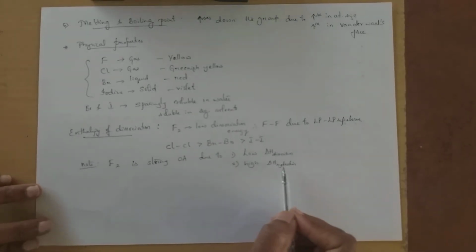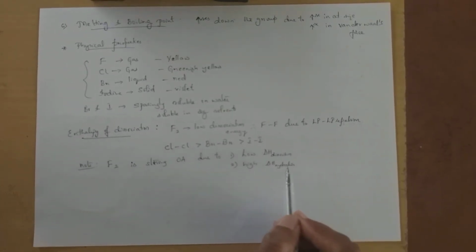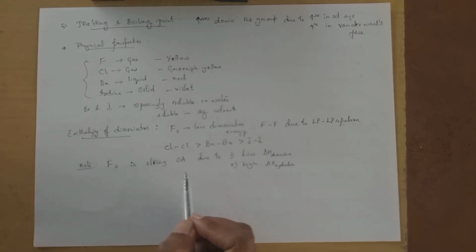So due to low dissociation enthalpy and high hydration enthalpy, fluorine acts as a good oxidizing agent. Clear? So this is about the physical properties. In the next part we are going to study the chemical properties of group 17 elements.